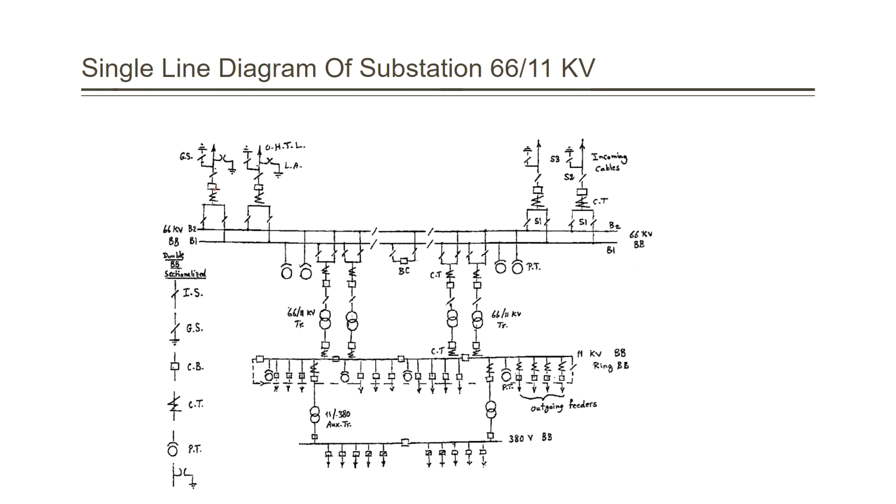We would like to protect our transmission line or our component against short circuit by the usage of circuit breakers, against faults such as single line to ground faults, line to line faults, symmetrical or unsymmetrical faults, and so on. So that is the benefit of the circuit breaker.